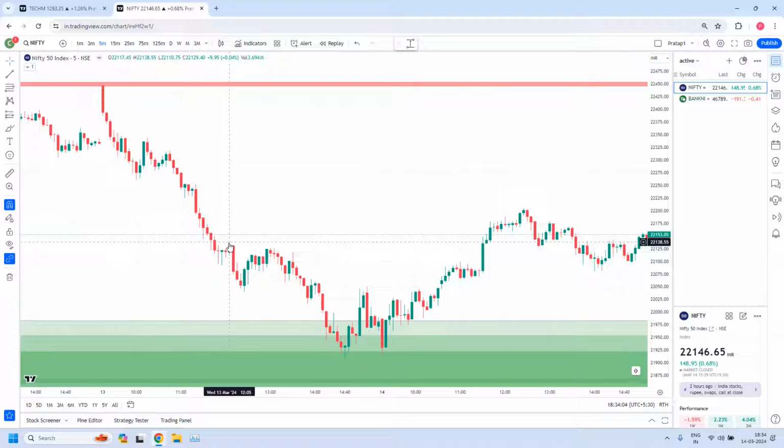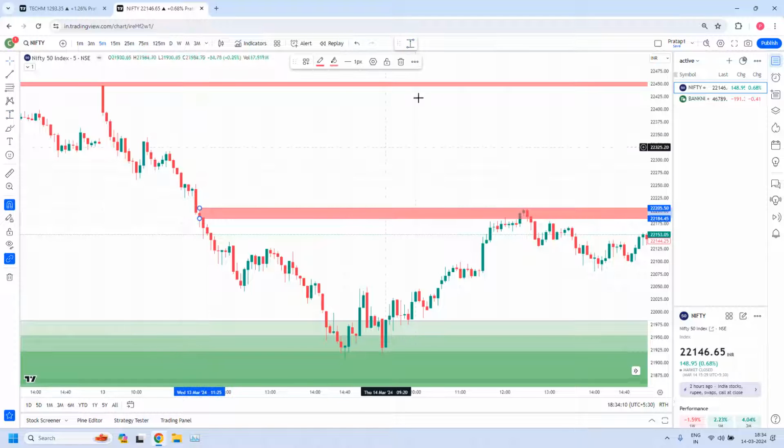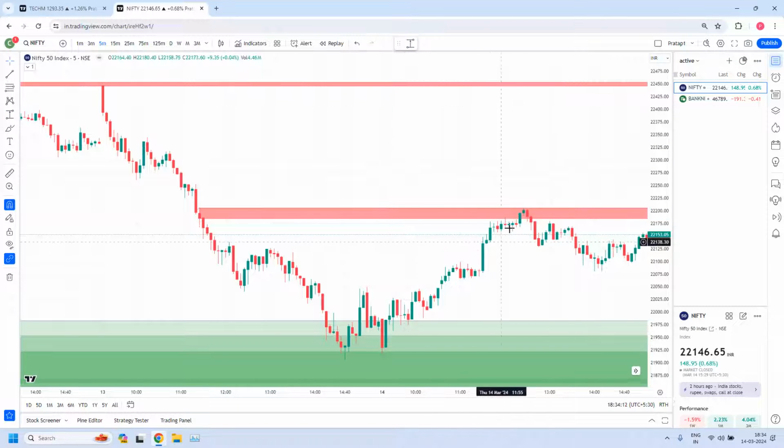Then what is the next target? The next target will be the next supply zone. See, here up to here prices reached. And finally, it gave you over 265 points move from here to here.